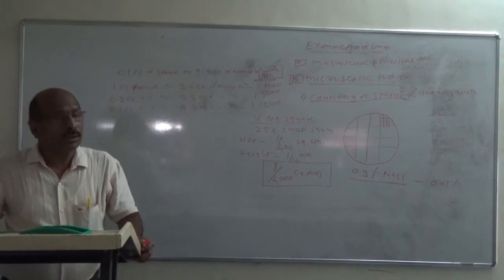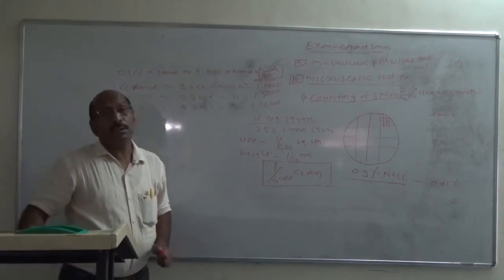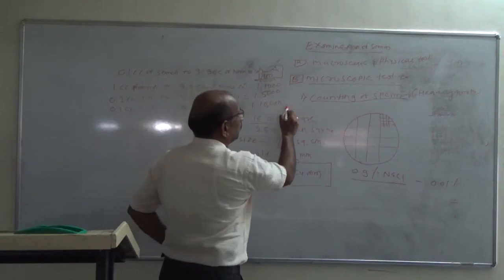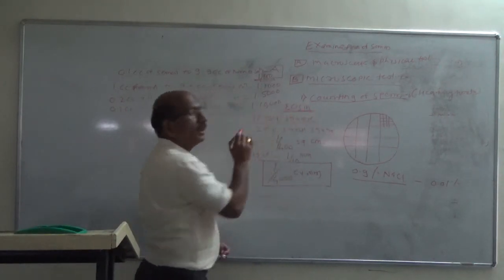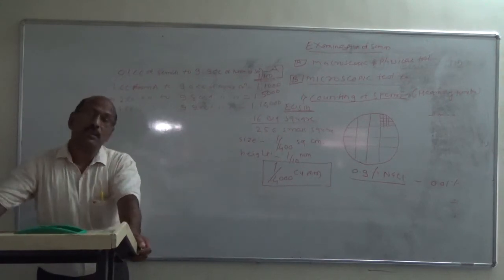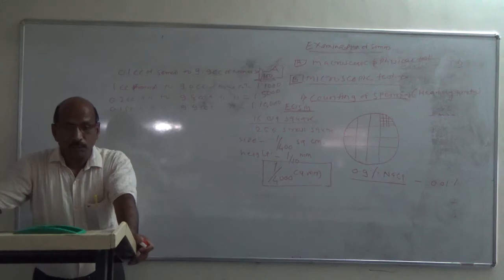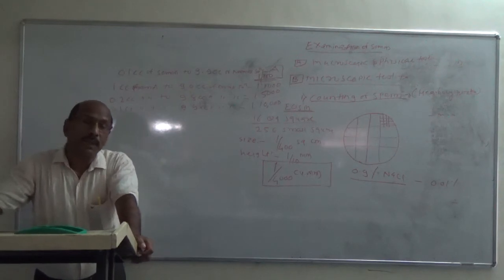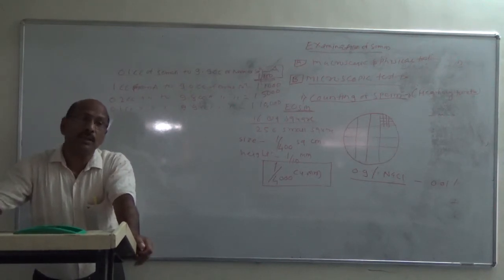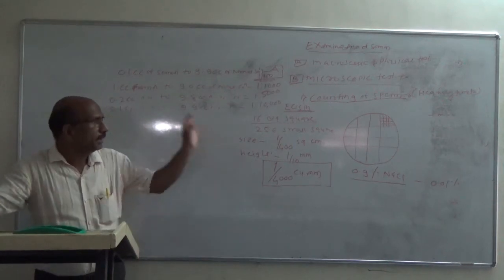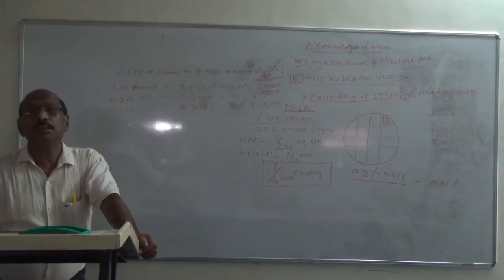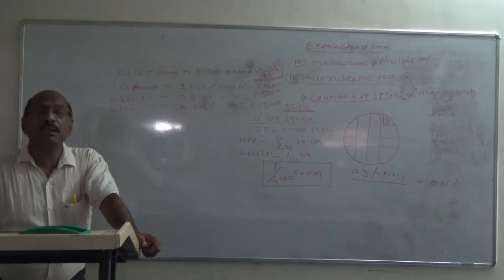Then it is better to add an eosin solution as a coloring matter to give color to the sperm for better visibility under the microscope.